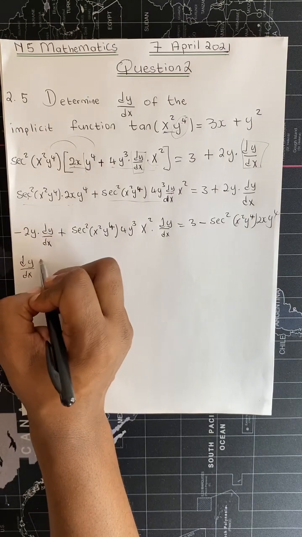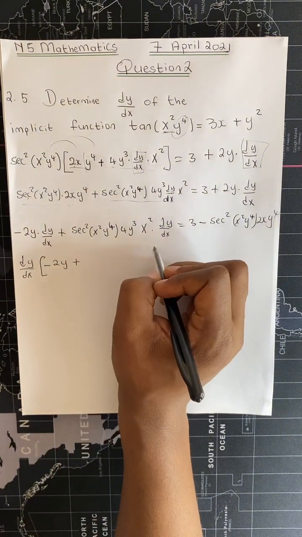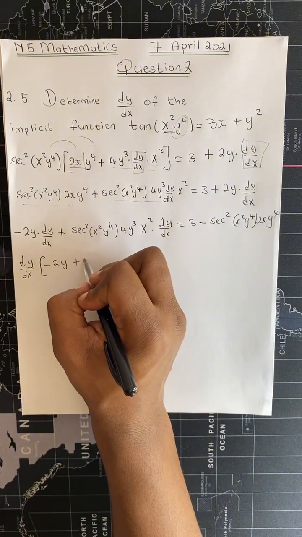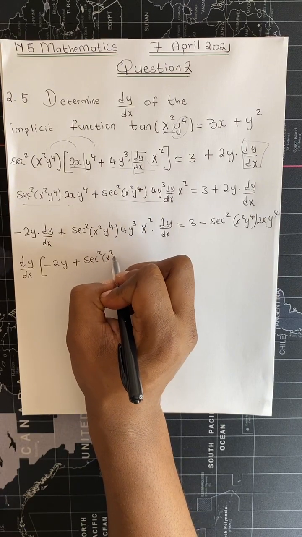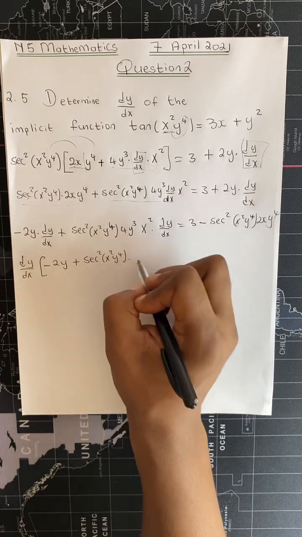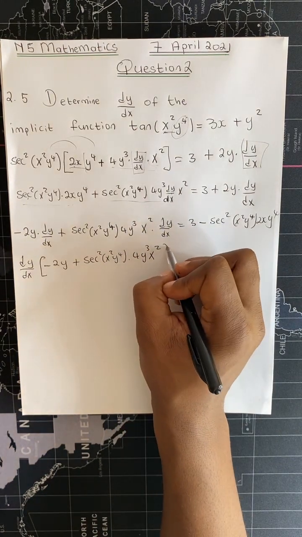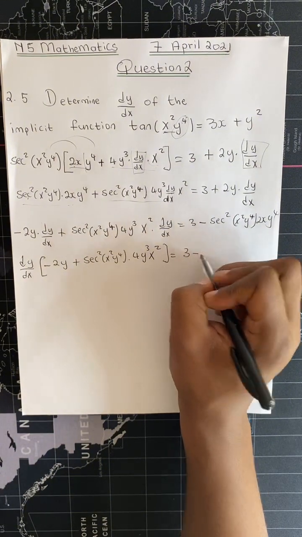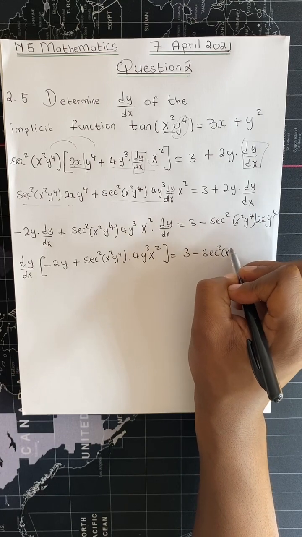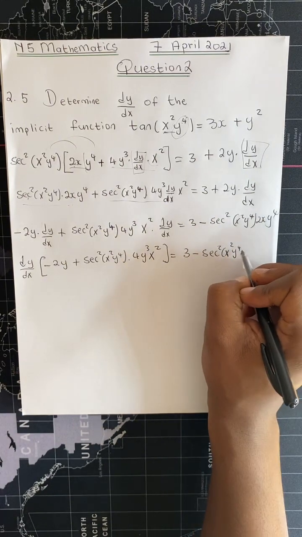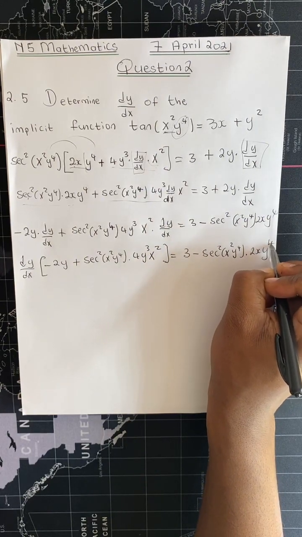So when we take dy over dx, we'll remain with the negative 2y, and we also take the dy over dx as a common factor here, and we'll remain with sec squared x squared y to the power 4 multiplied by 4y cubed multiplied by the x squared. On the right, 3 minus sec squared x squared y to the power 4 multiplied by 2x y to the power 4.